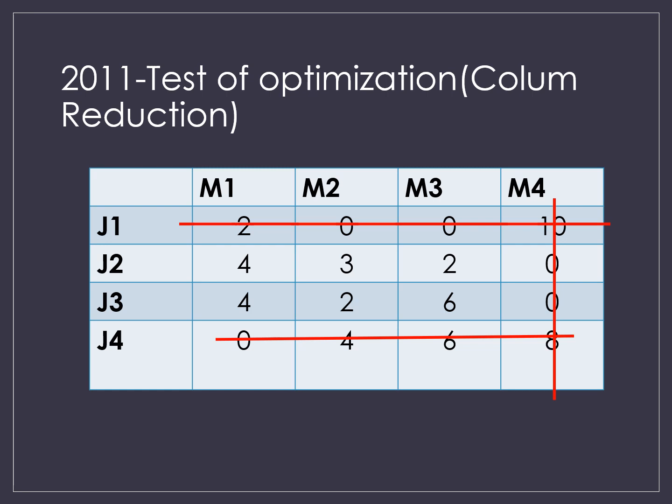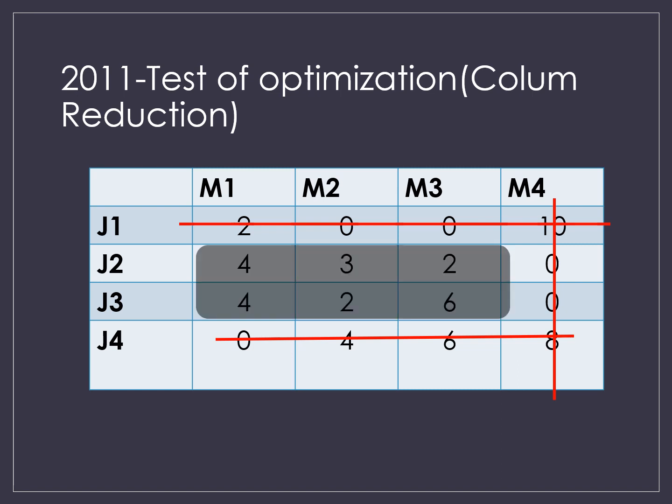To arrive at additional zeros, we identify the lowest value of the remaining elements. From the remaining elements, the lowest value is 2. This is also known as the theta value. I'm going to add this theta value to the intercepting points. Here there are 2 intercepting points, 10 and 8.